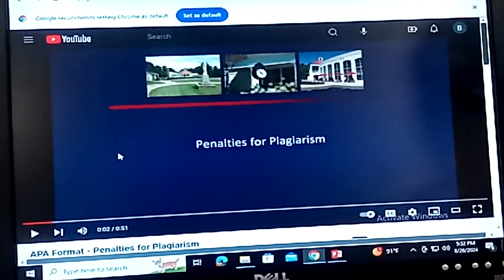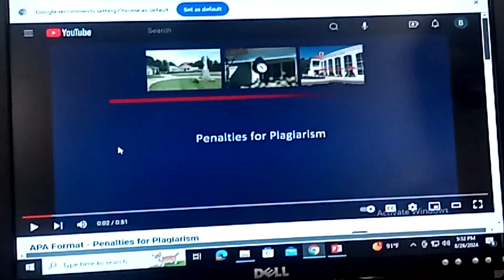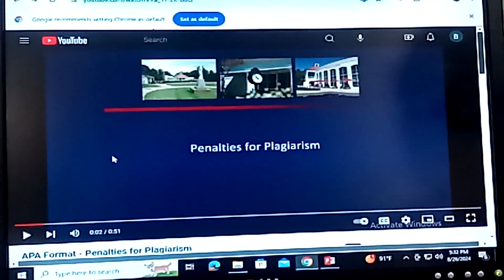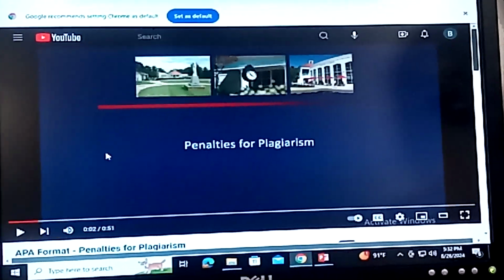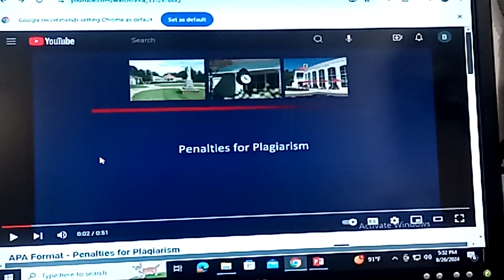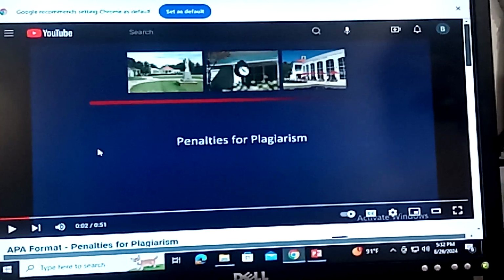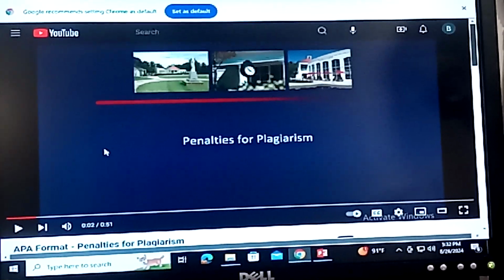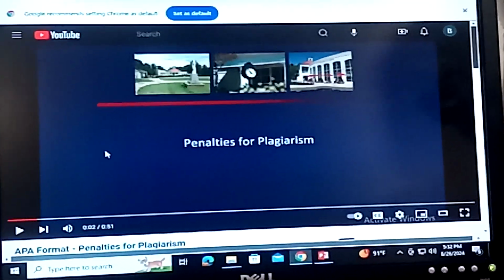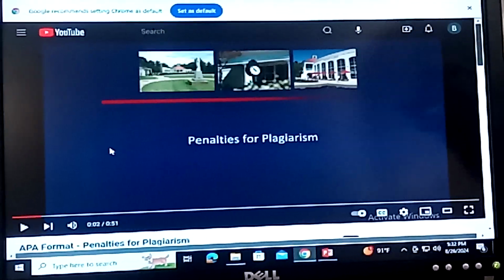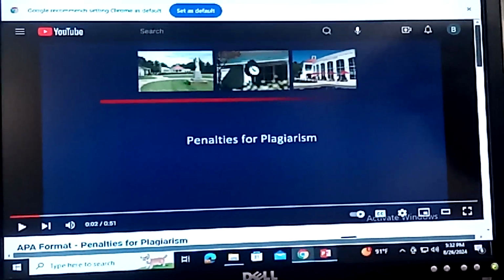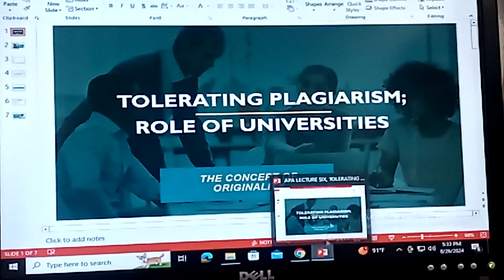You expel the student, you sack the student, you dismiss the student after facing the academic board. If this last blow is given, then that means the act of plagiarism is so severe. But in a waterfall procedure, you start from warning to redoing the assignment to failing the assignment, suspension, and the last is to expel the student from the school. So that is what we will be looking at today.